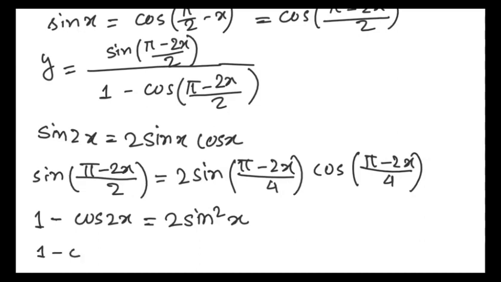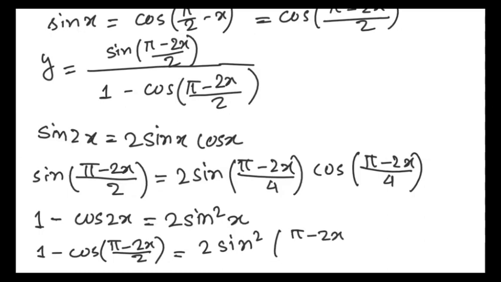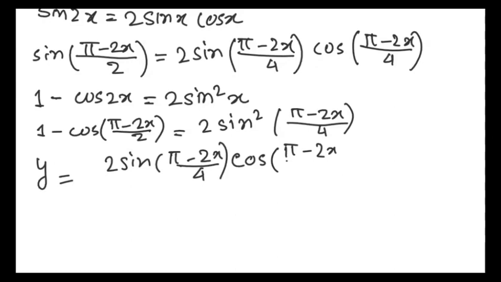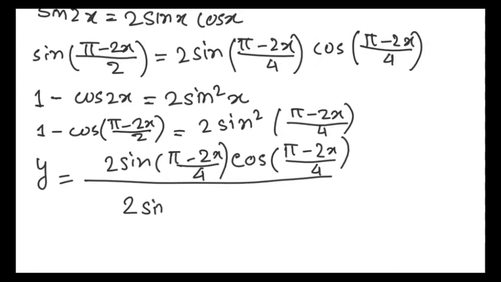So in this formula 1 minus cos of (pi minus 2x) by 2 becomes 2 sin square of (pi minus 2x) by 4. So our expression y becomes 2 sin of (pi minus 2x) by 4 into cos of (pi minus 2x) by 4 divided by 2 sin square of (pi minus 2x) by 4.